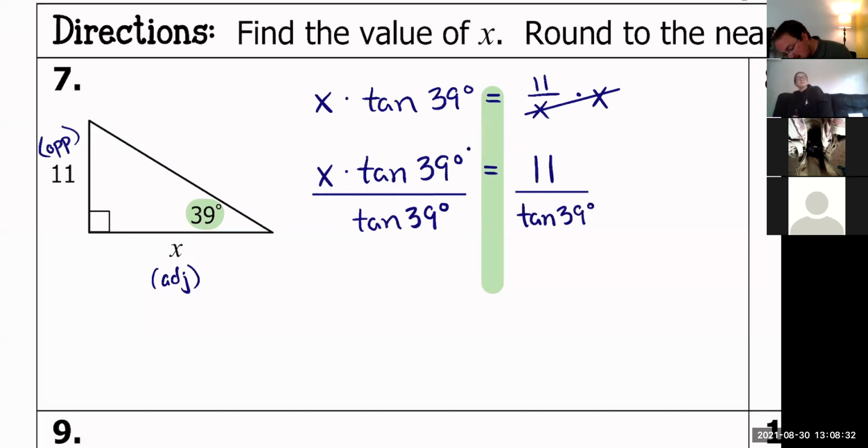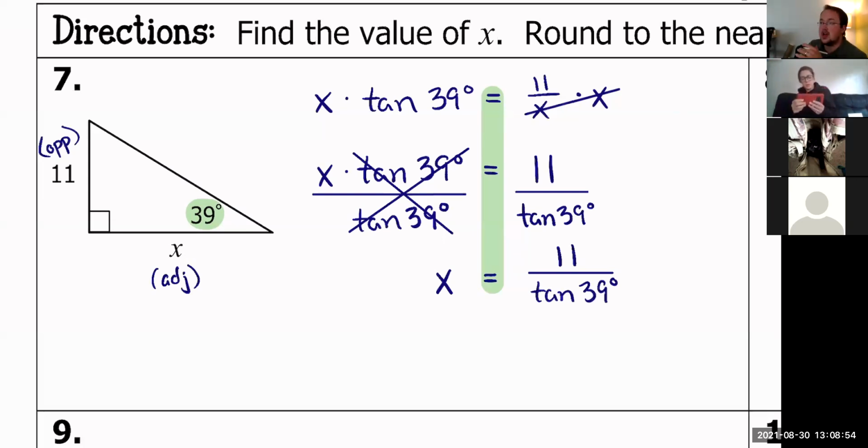On the left-hand side, it looks like a mess, but tangent of 39 degrees divided by the tangent of 39 degrees is just one, which leaves me with x. On the right-hand side now, I have 11 divided by the tangent of 39 degrees.